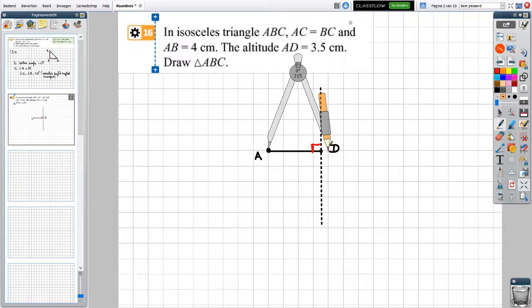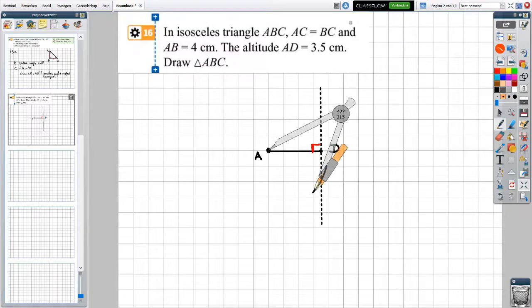If I'm now going to draw this circle, in black, like this, it intersects right here, right?